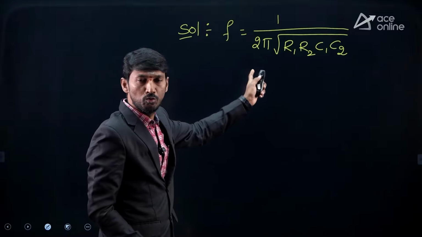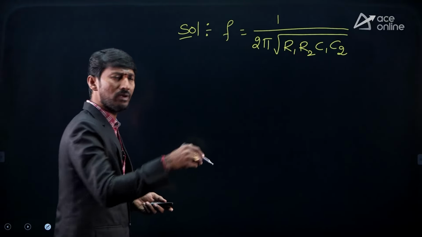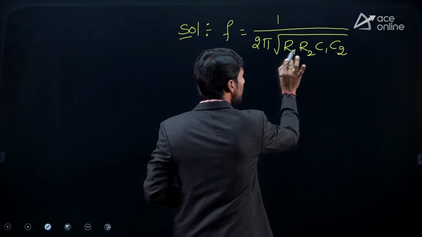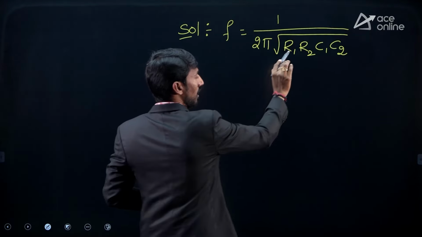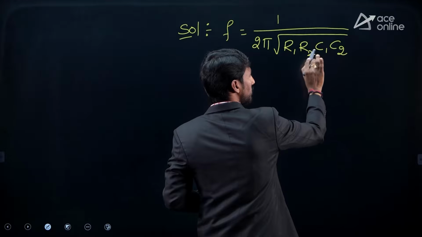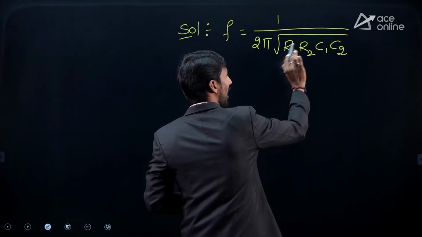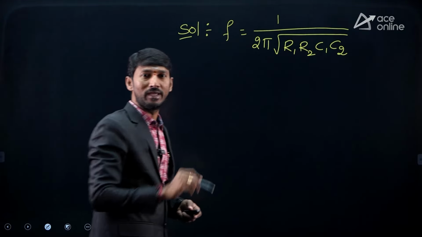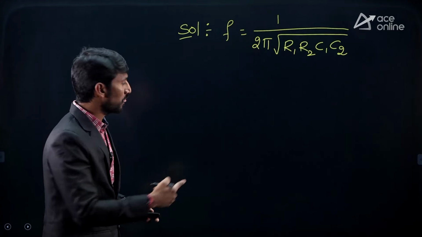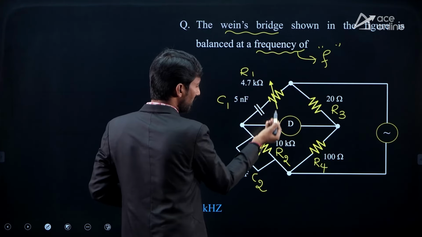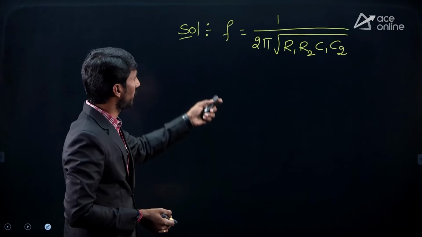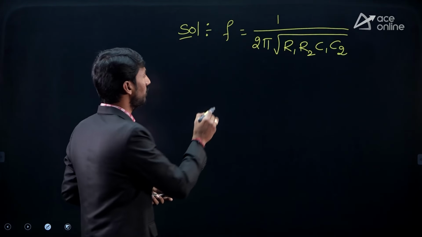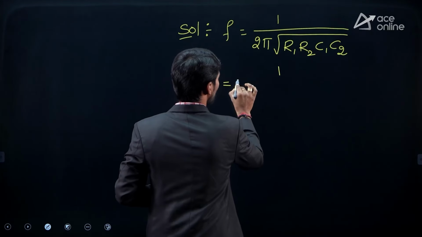In the class we took, if the two resistors are the same, R into R is R square, and if the two capacitors are the same, C square, so the root cancels. That is the conclusion we took. But here R1 is not equal to R2 and C1 is not equal to C2. That's why I am using the basic formula. Just substitute all values.